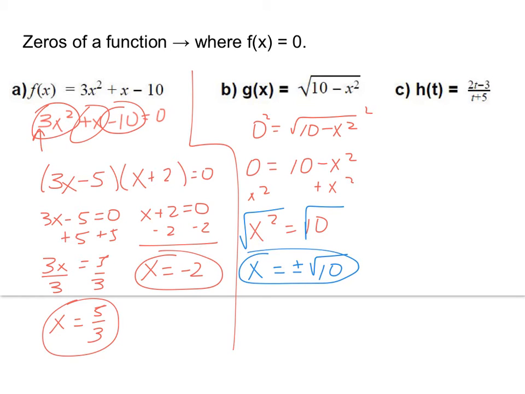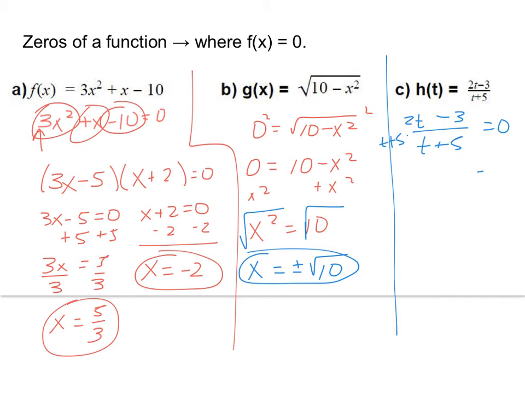Okay. Next one, I have my h of t is this part over here, and so as I set it equal to 0, what I can do is I can multiply each side by t plus 5.